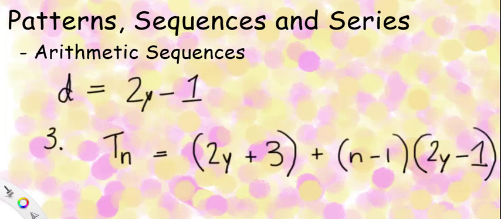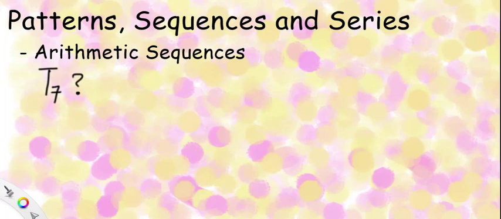In order to find term 7, if we come back to the general equation, you'll see that you have n. N represents the term number. What we will simply do is everywhere where we are seeing n, the variable n, we're going to put in the number 7.